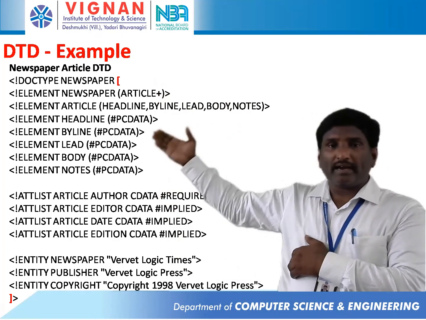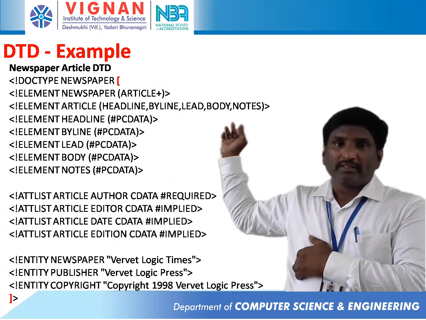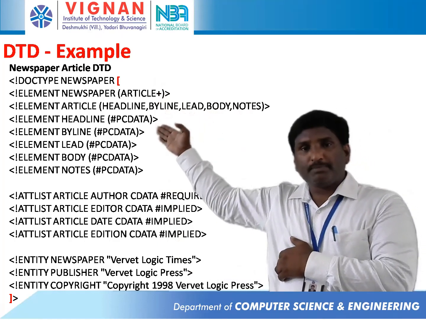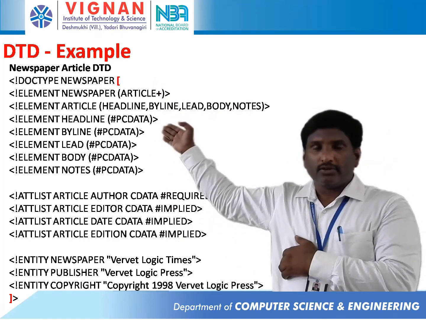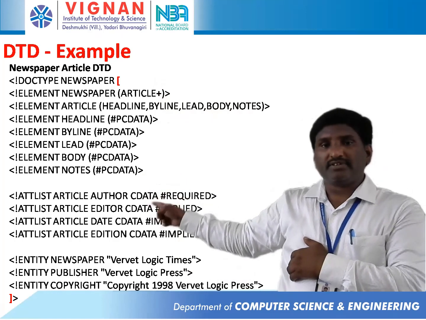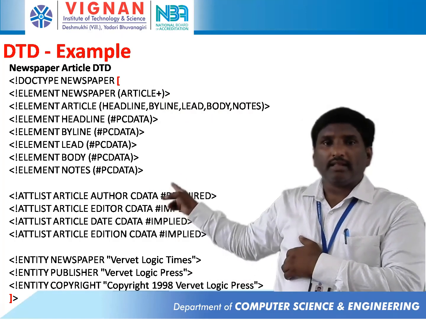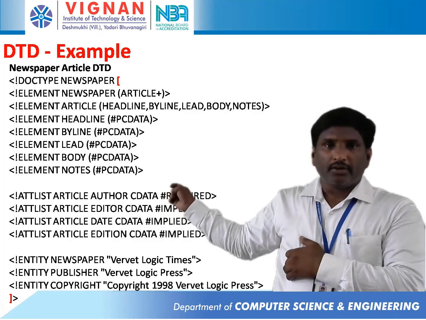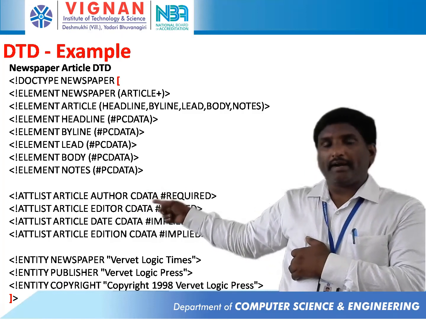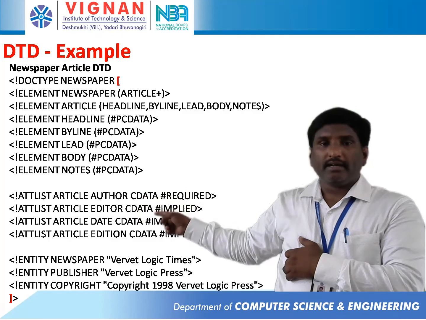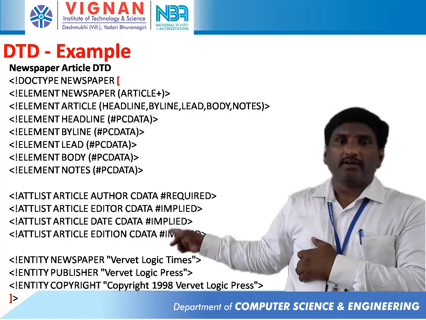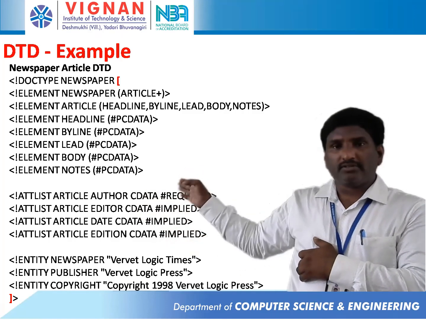Each article consists of headline, byline, lead, body, and notes, whose types are specified as PCDATA. For the article's attributes, author is CDATA and required, editor is employee and optional, date is optional, and edition is optional. Required means it is compulsory.